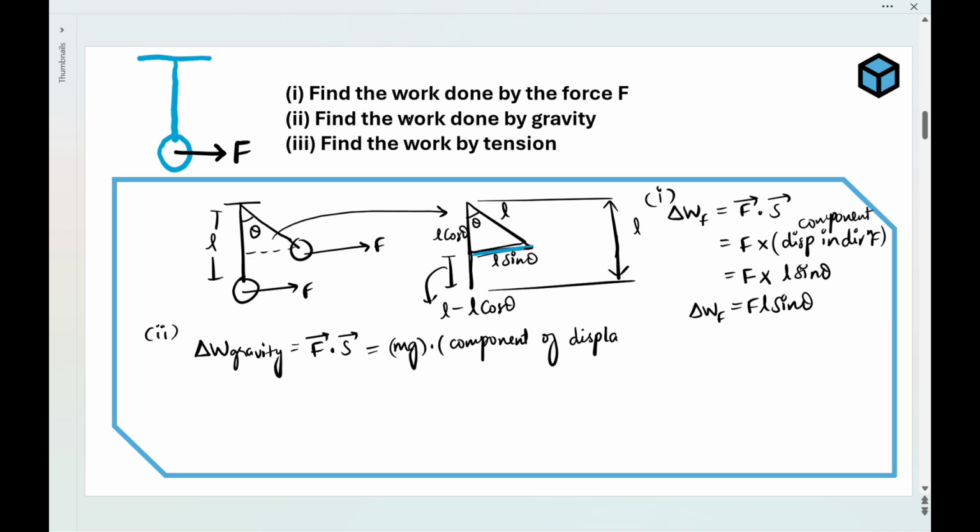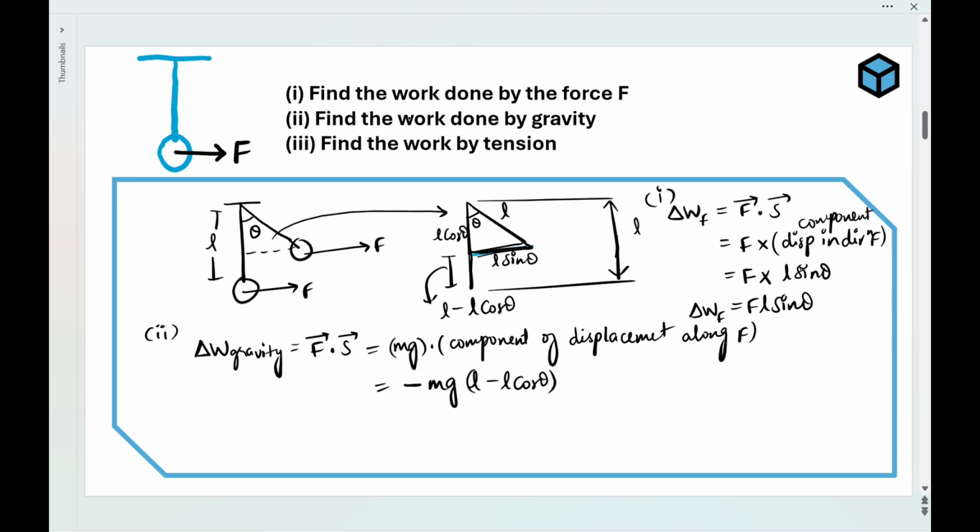So we can write mg into the component of displacement along the force. Since the gravitational force is vertically downwards and the displacement here is vertically upwards, there should be a negative sign: minus mg into the displacement, which is L minus L cos theta.